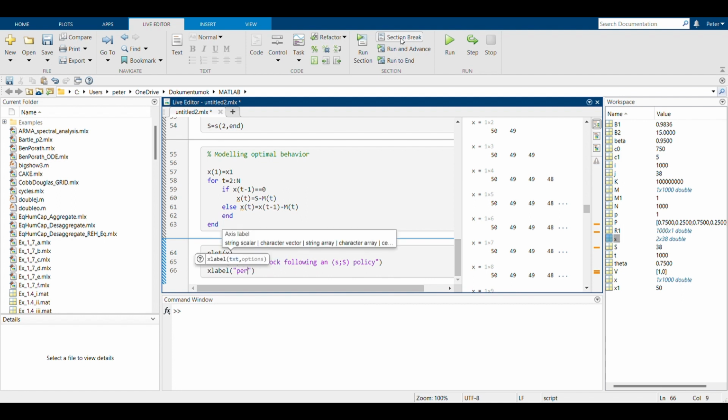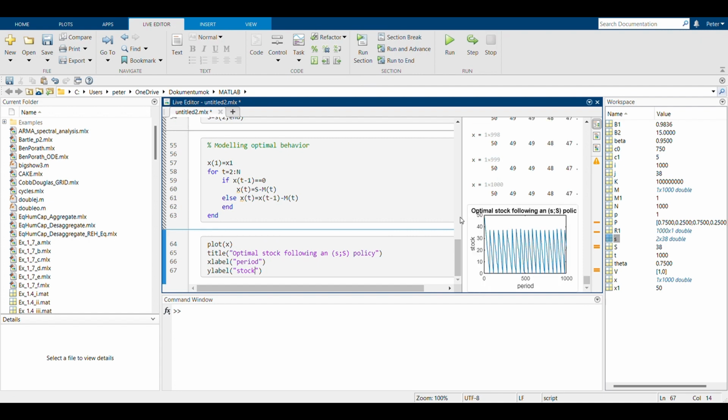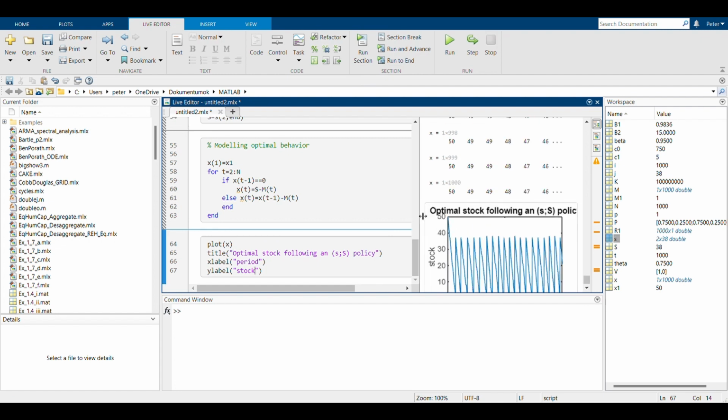Period, and stock. So here we are going to have, yep, it's very nice.